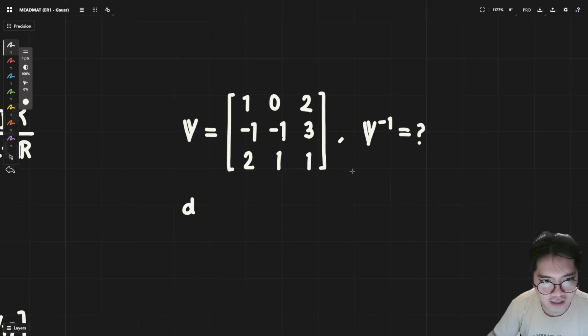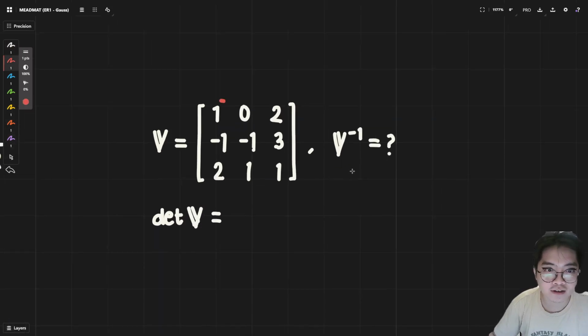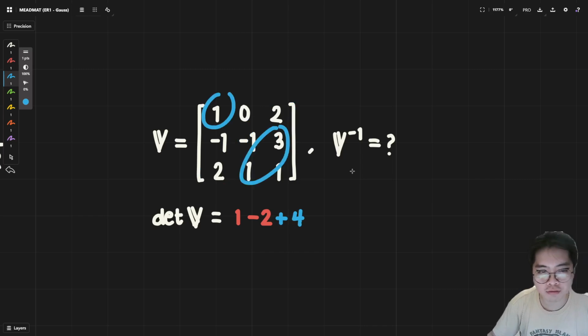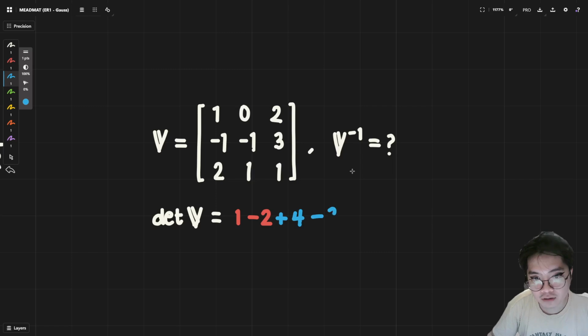First, we can calculate our value for the determinant of V. 1, negative 1, and 1, that is 1. 0, 3, and 2, I'm not going to bother. Negative 1, 1, and 2, that is minus 2. And then we go on to our upward diagonals. 2, negative 1, and 2, that is now positive 4 because there is already a negative in here. 1, 3, 1, that is minus 3.